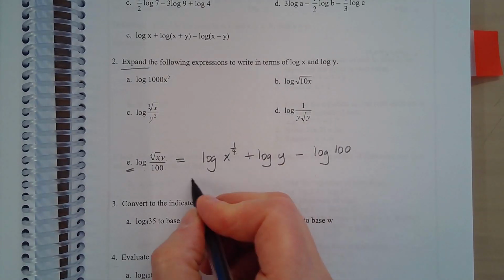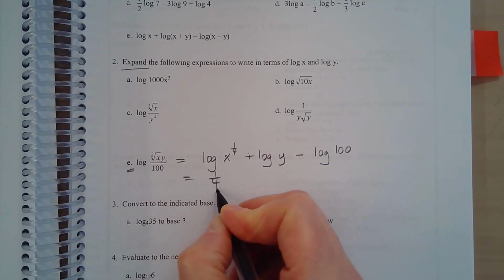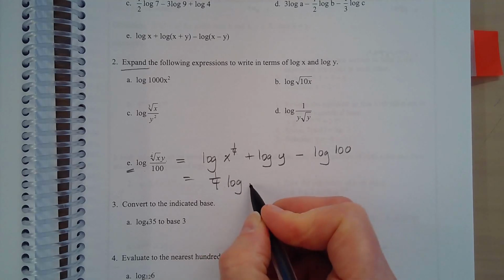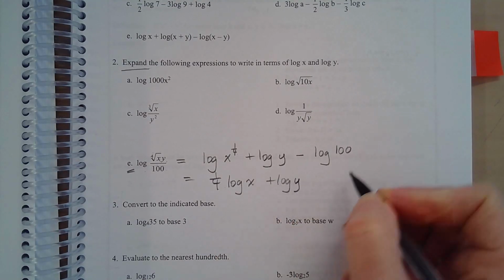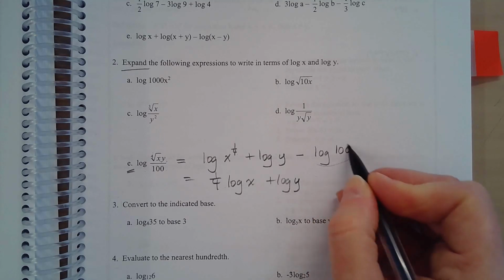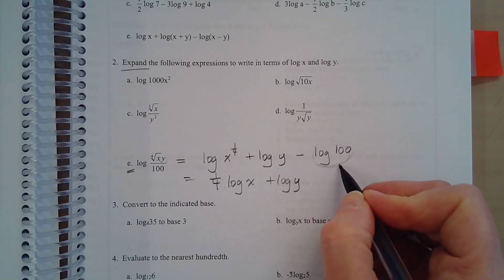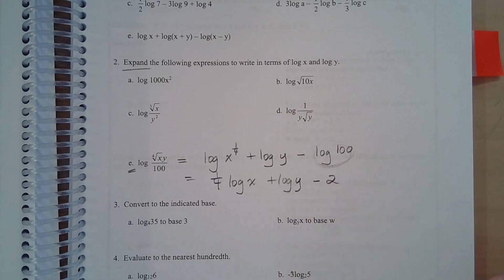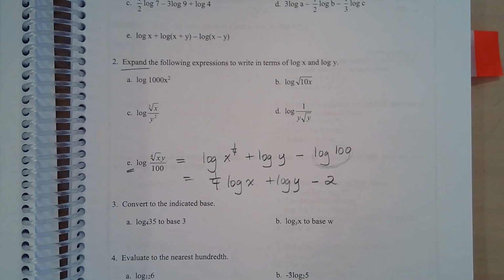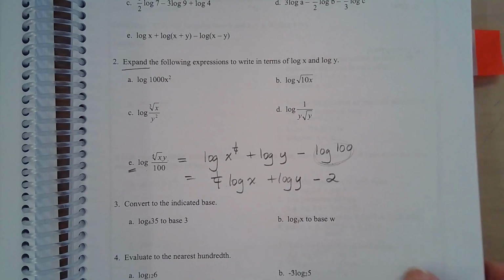So I would bring this down as a coefficient. So it's 1/4 log of x plus log of y. I could actually simplify this too, right? Base 10 to what exponent? I could just call that 2. I don't know if they went that far in the answer key.